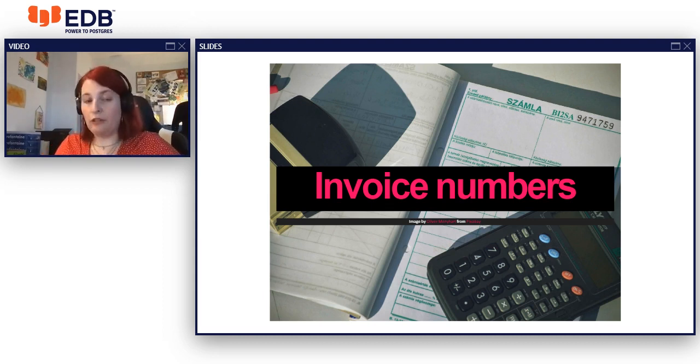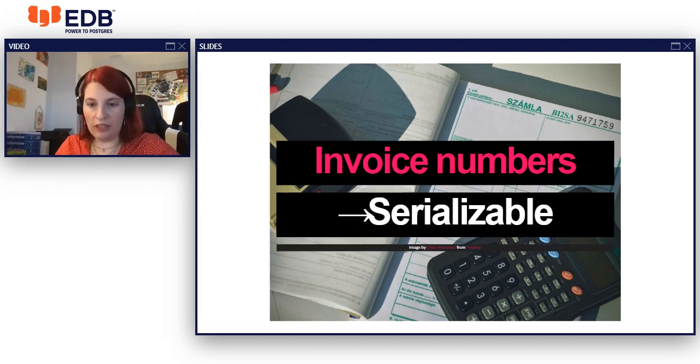So in that particular case, as you can't use a sequence because you can't have holes, you need to be sure that there are no two transactions incrementing the number at the same time, because you might have trouble with the numbers. So what you need in that case is you can't afford serialization anomalies. That's why in that particular case, I really encourage you to look at the serializable isolation level.